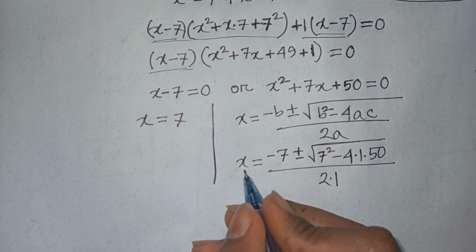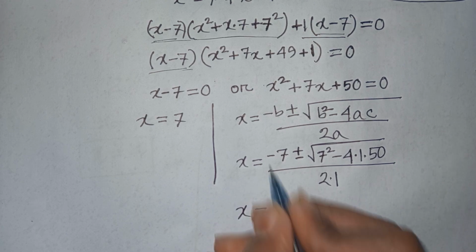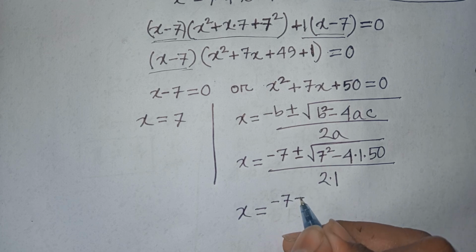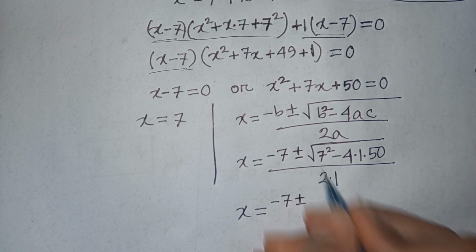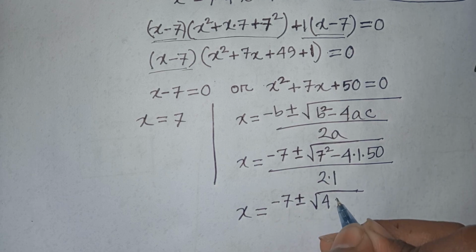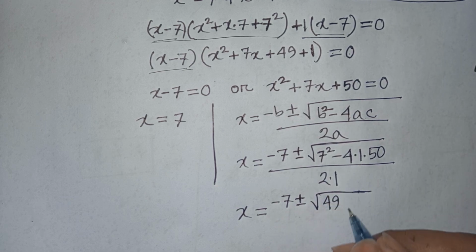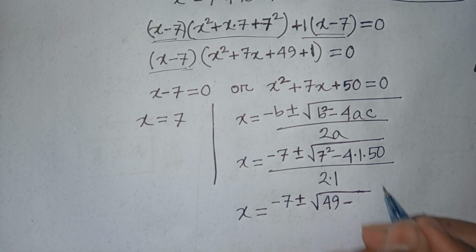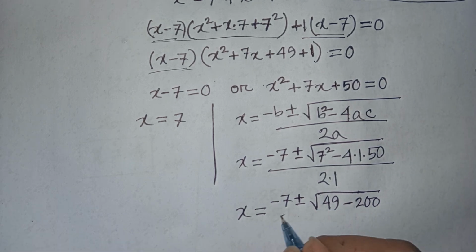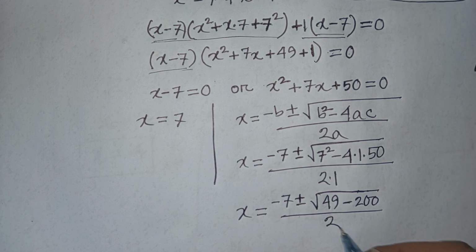Now x will be equal to minus 7 plus or minus square root of 7 square is same as 49, then minus 4 times 1 times 50, that means it will be 200, then divided by 2 times 1, that means 2.